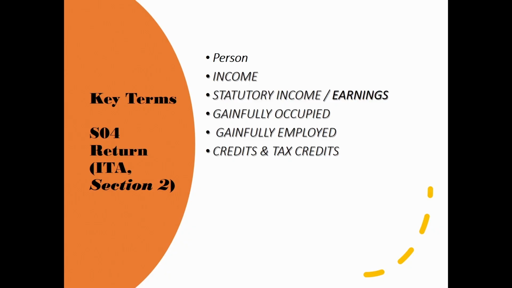There are certain types of income that are allowed to be used for tax purposes on the S04 form. So if you are into winnings and bettings and those things, those are not allowed for this purpose. But the other incomes that we mentioned that you're going to be seeing are the incomes that are allowed.